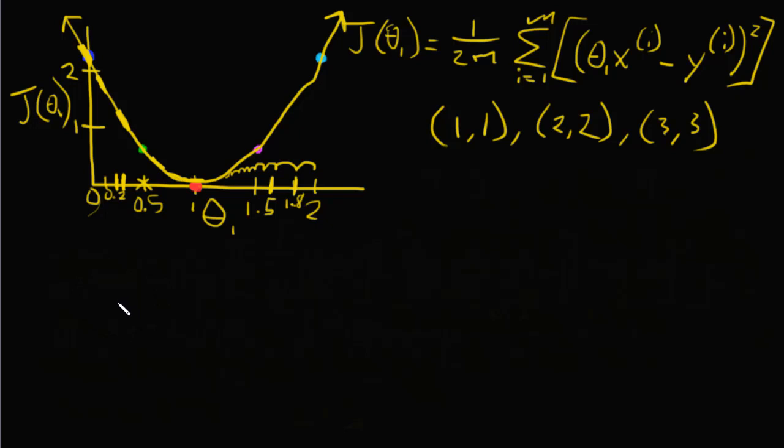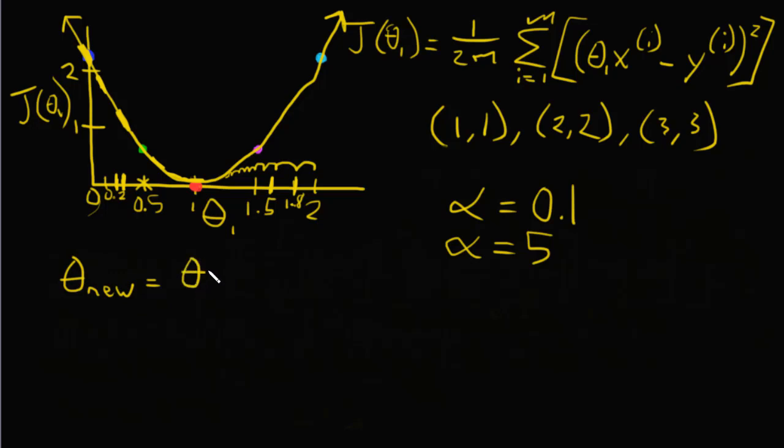Okay, so last thing I want to talk about is the alpha. We said that our alpha was equal to 0.1 and that was just a good guess that would allow convergence in a timely manner. If my alpha had been something very large, like, let's make the alpha 5, then my gradient descent algorithm would be theta new equals theta old, and let me just place a guess of 0 in right there.